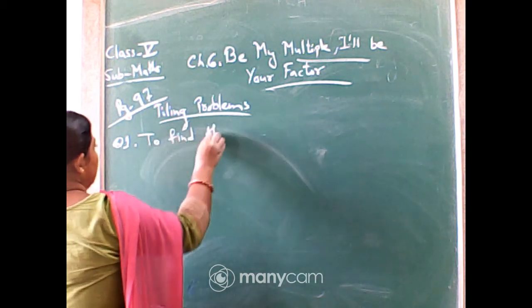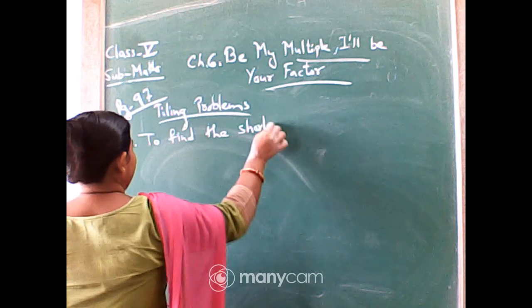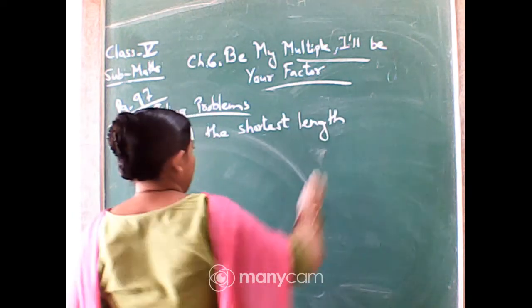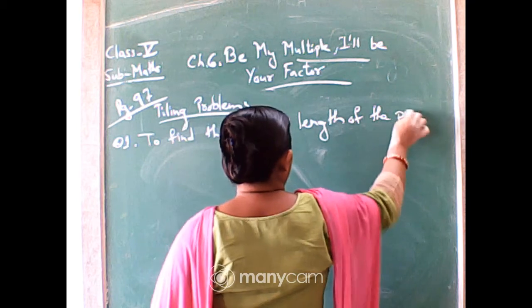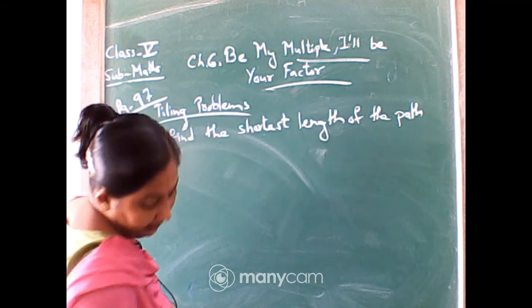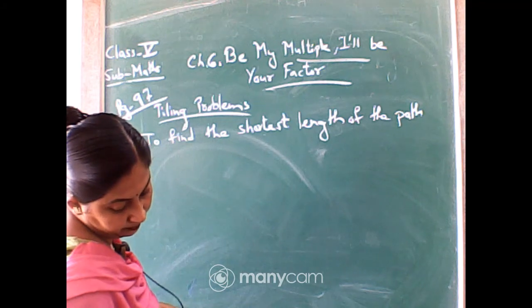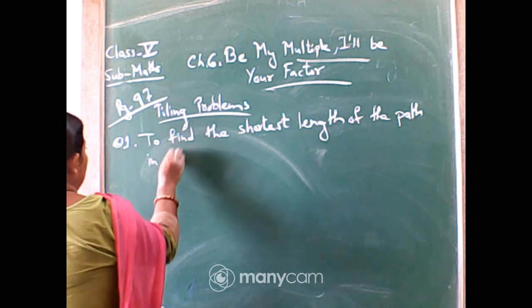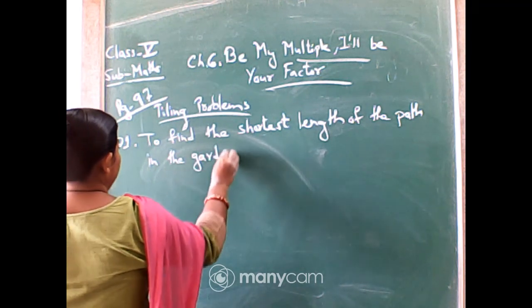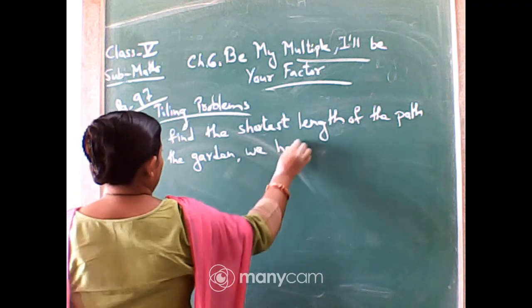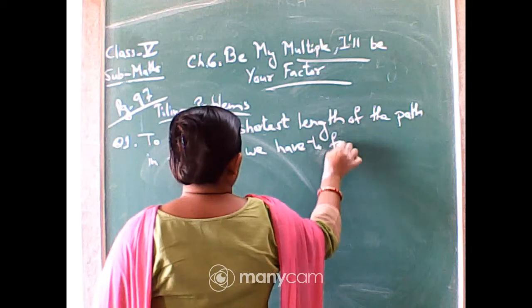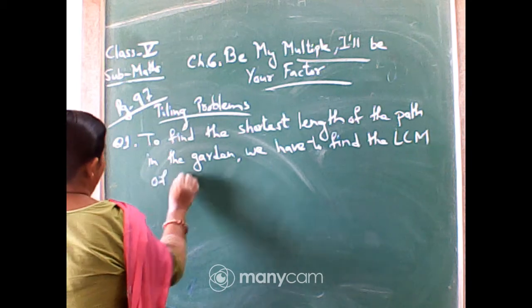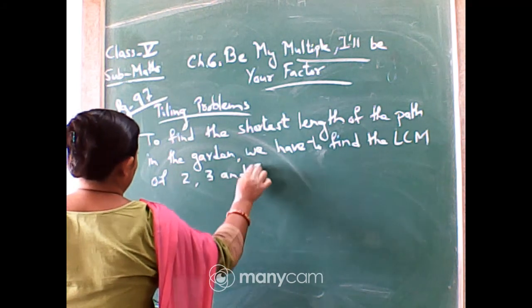To find the shortest length of the path, we find the LCM of 2, 3 and 5.